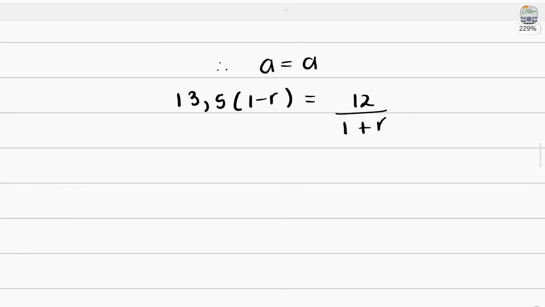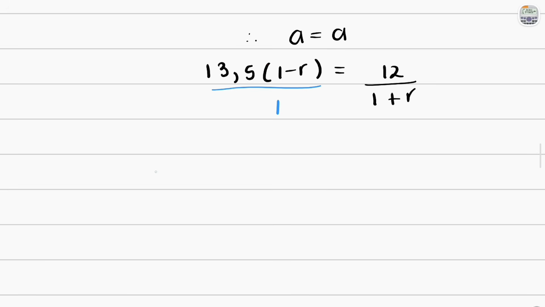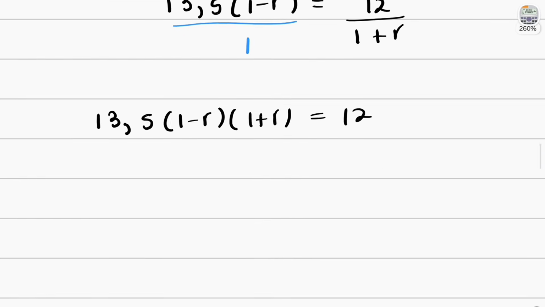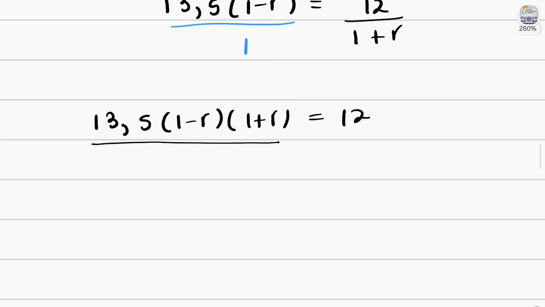Let's go ahead and cross multiply. So this has a natural denominator of 1, and so we're saying all of this times 1 plus r. Let's first just rewrite it. So it's just 13.5 times 1 minus r and 1 plus r is equal to 12. Okay, now we can get rid of that 13.5 by dividing both hand sides by 13.5, but we're going to rewrite that as well.